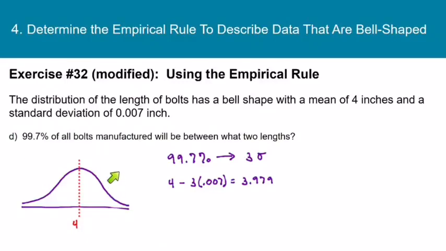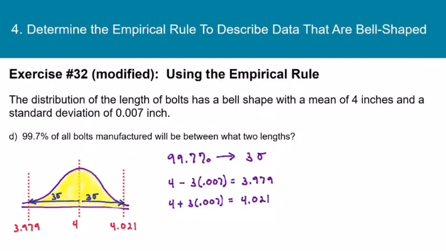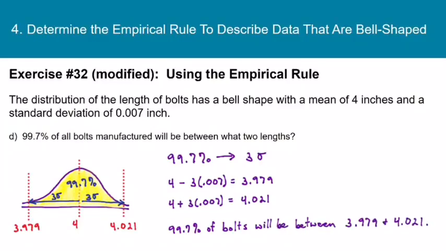And to find the upper limit of that range, we would say the mean plus 3 standard deviations, and that's going to be 4.021. So 99.7% of all the bolts manufactured should be between 3.979 and 4.021.